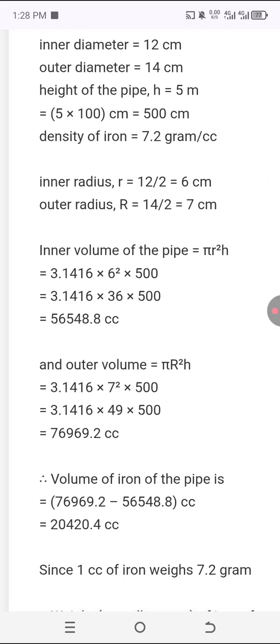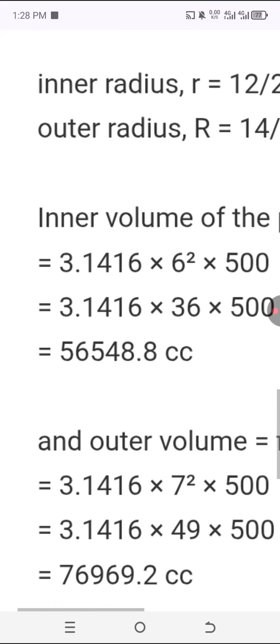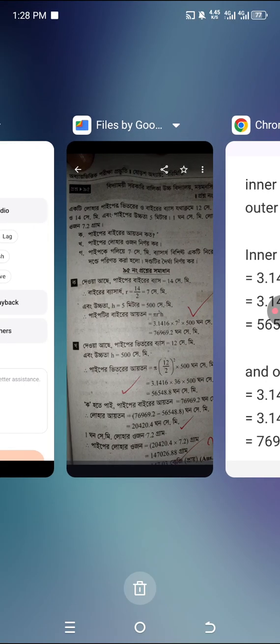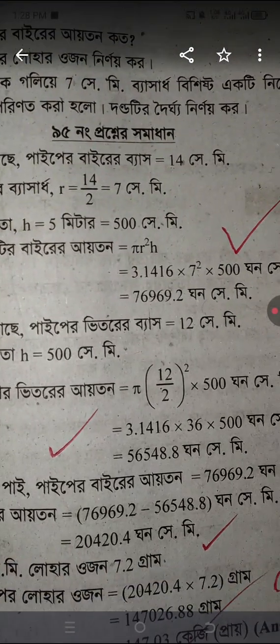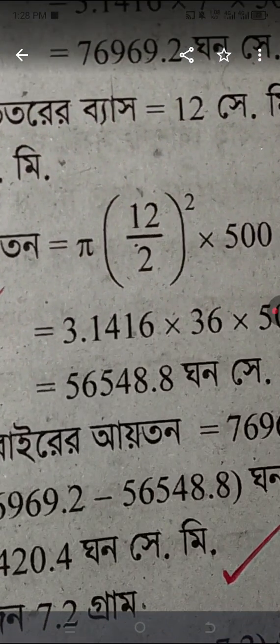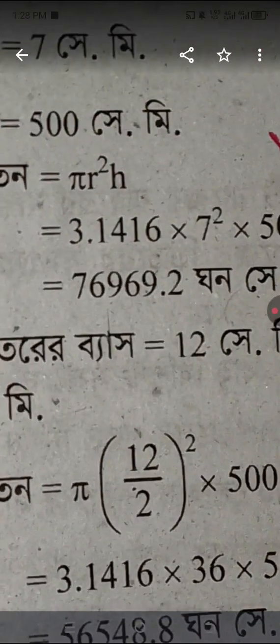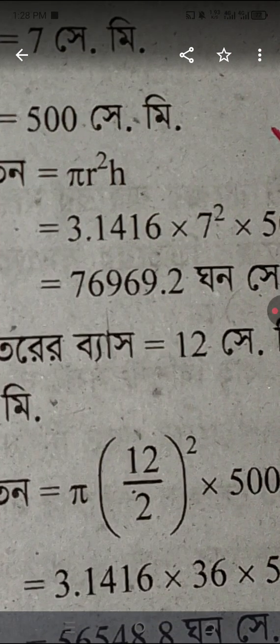Okay, now let's check the calculations. The inner volume is 56584.8. Here it is 56548 and the outer volume is 76969.2.